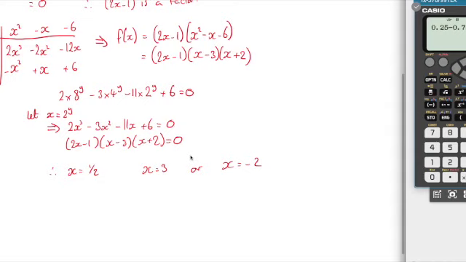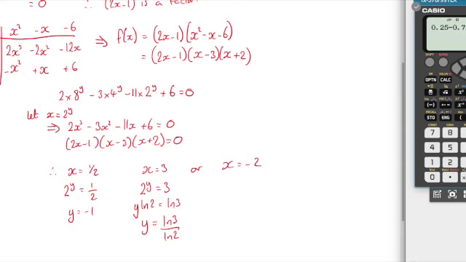Then we can pop back what we had, so 2 to the power y is a half. You should recognise then that a half is 2 to the power minus 1, so y is minus 1. We got 2 to the power y is 3. That's a bit more complicated. So let's take logs. So y ln2 is ln3. You could have used log 2 if you wanted, but I just prefer ln.